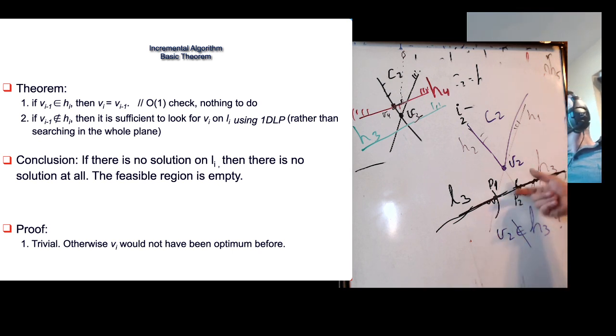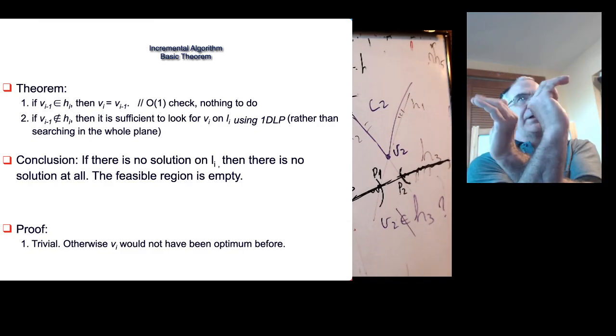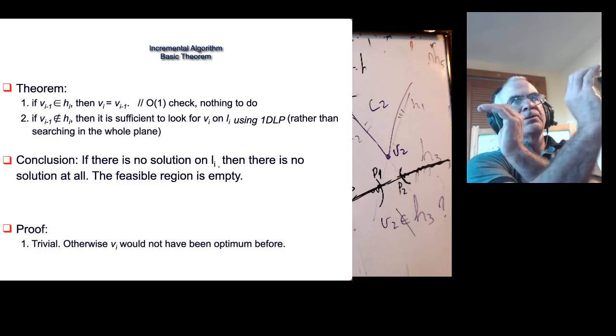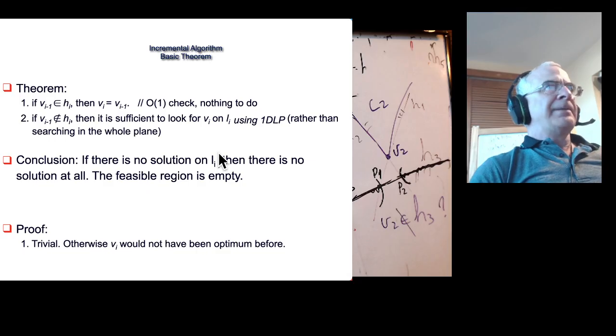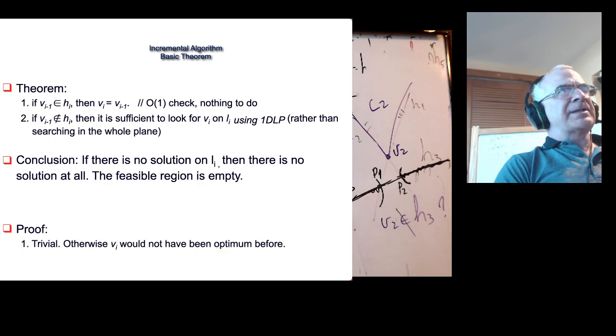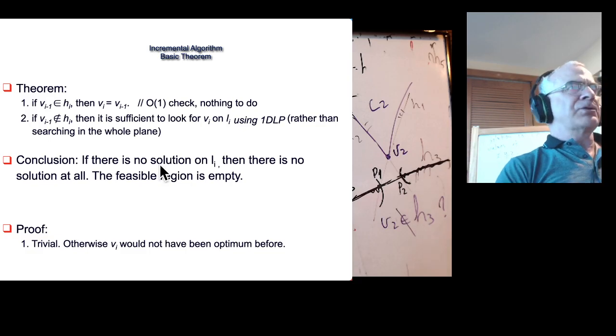I'm calling the one-dimensional linear programming, but the max and the min are looking at each other like this instead of like that. I'm going to be to the left of this point, but also to the right of this point. So that's a good time to stop the algorithm and say there is no optimum solution. I don't need to even worry about H4, H5, H6. I already realized that even after 3 half planes, there is no solution.